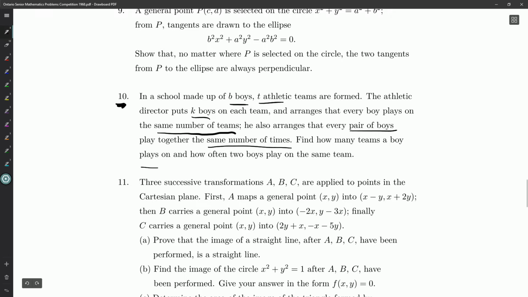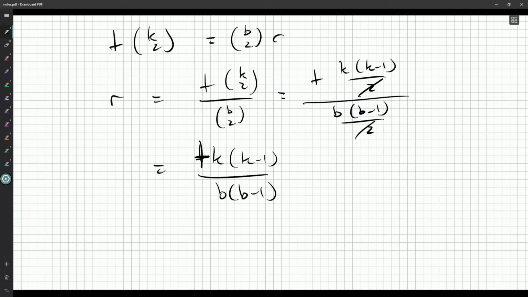To go a step further, a question might say, what conditions on B, T, and K allow the coach to arrange for every pair of boys to play together the same number of times? But we're not asked for that. So we get to assume that these calculations will work out and produce integers, that B and B minus 1 are factors of TK and K minus 1. Okay? But there we go. A nice little combinatorial counting question.